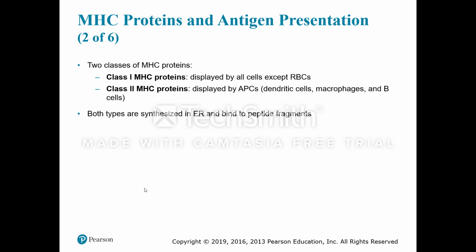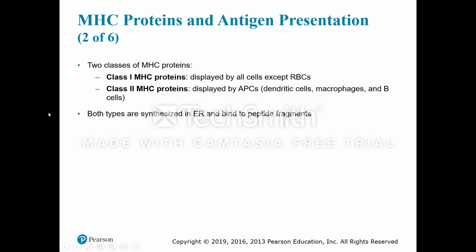It's just like your MHC protein is the platter by which the antigen is going to be presented to them. You have two classes, the class 1 MHC protein and the class 2 MHC protein. Class 1 is found in all cells except the red blood cells. In class 2, the MHC proteins are displayed by antigen presenters.